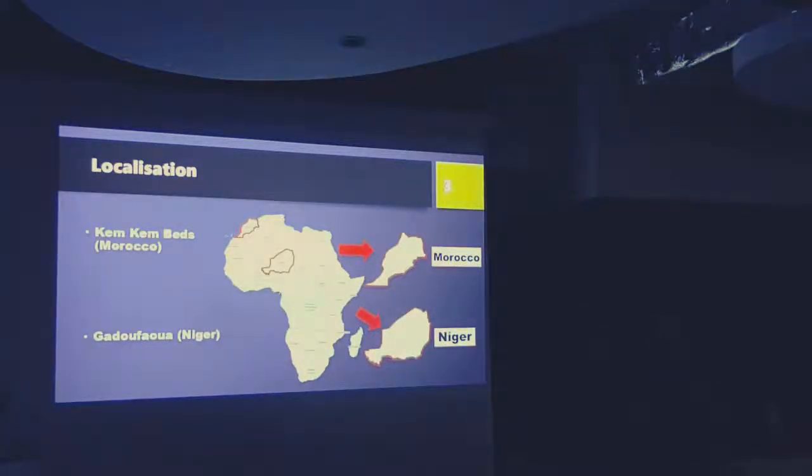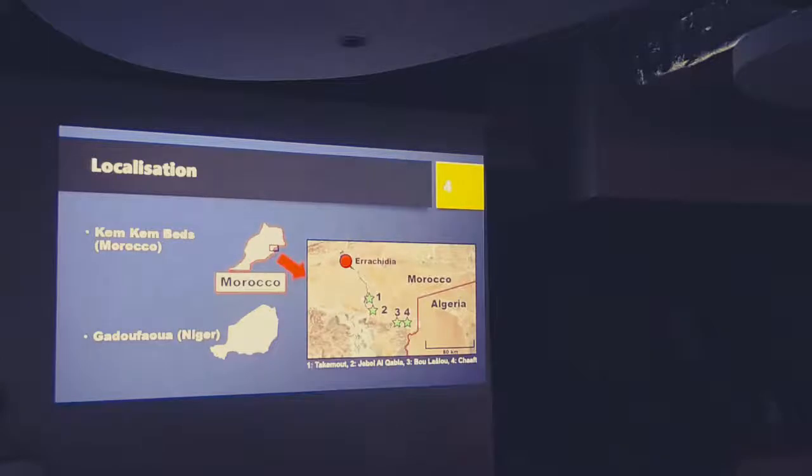The fossils that we studied came from Morocco, from the Kem Kem beds, and also from Gadoufaoua, a fossil deposit in Niger. The Kem Kem beds are a large fossil deposit that includes several small localities with fossiliferous layers inside.